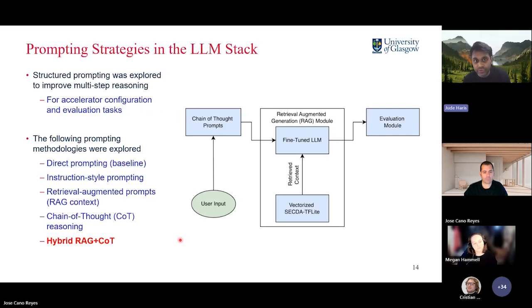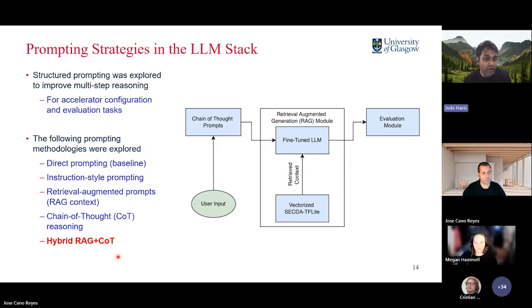So additionally, we also looked into different prompting strategies to feed our user inputs. This is basically the architecture directives, workload, and target device, and also any additional user suggestions that need to be taken into account when generating your designs. We initially started with direct prompting. Then we looked into instruction-style prompting, then just RAG-based, and then just chain of thought.